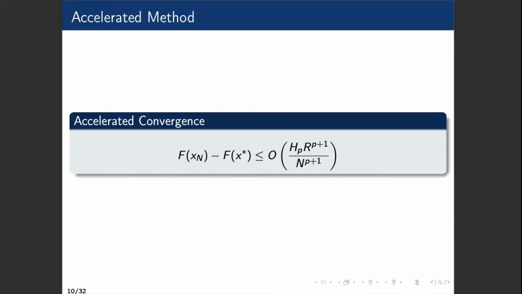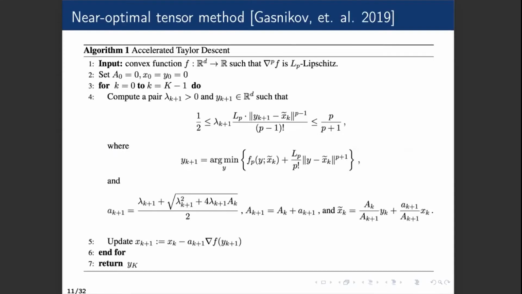Okay, next we move to optimal tensor methods, which is the work by Gasnikov and other colleagues, 2019. Here it's a little bit harder to understand. This y_{k+1} is the same step as in the previous methods, but we have some additional line search here.